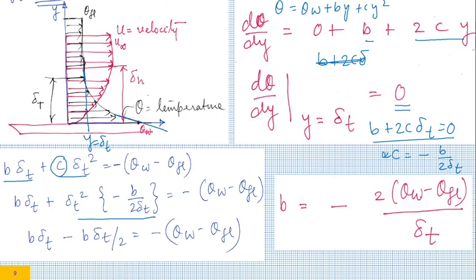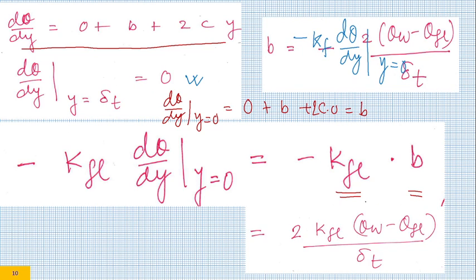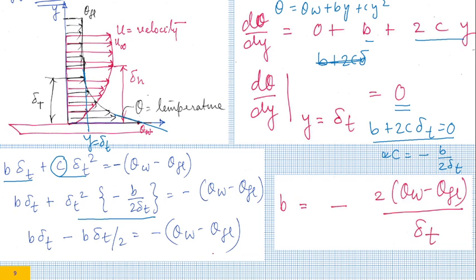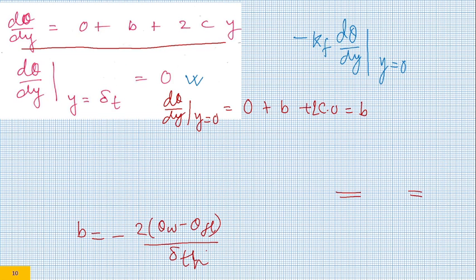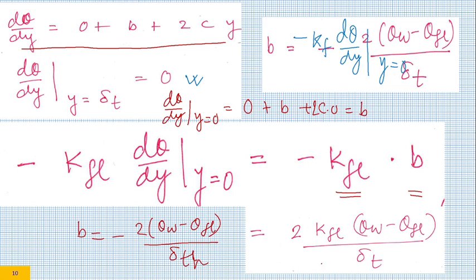In the previous slide, we have got an expression of B. So we put that expression here, and you can see here, it comes here, and then you replace it and you get an expression for the conductive heat transfer.